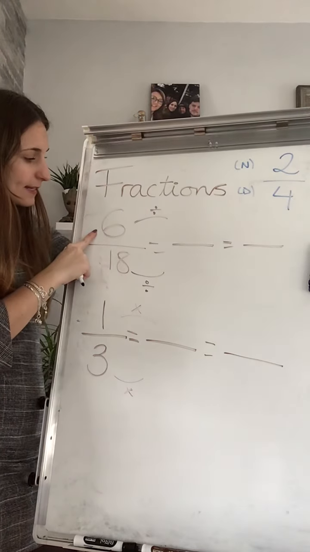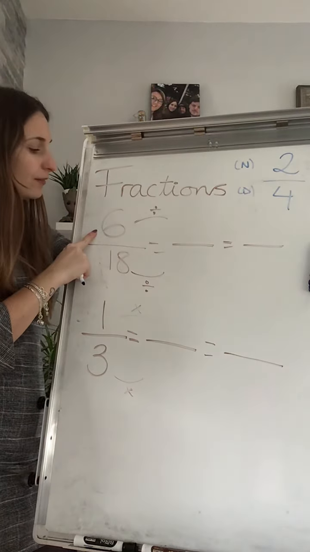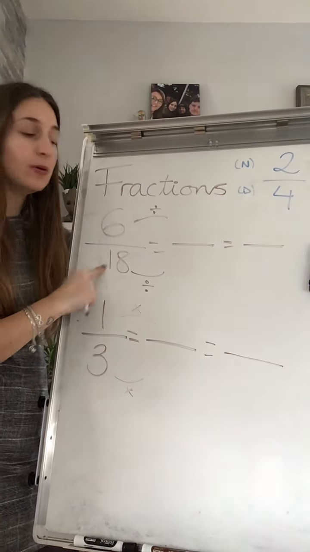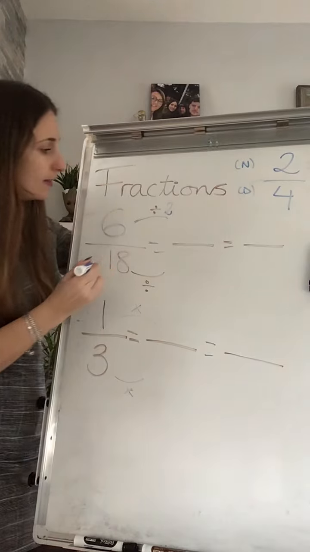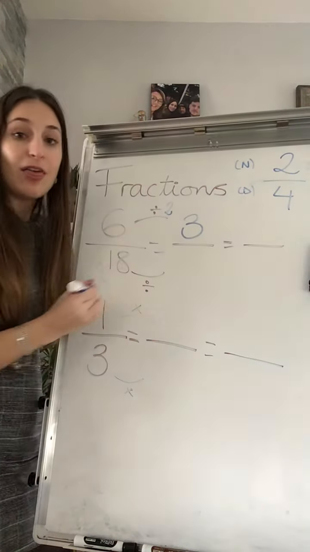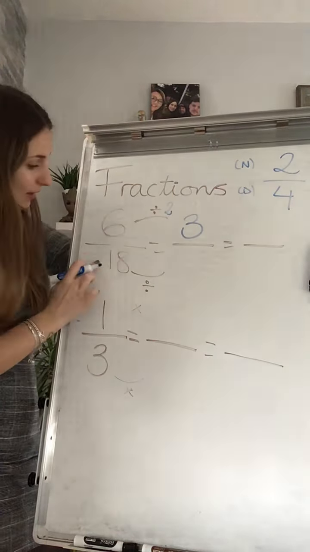I'm going to start with 2. I can find 6 on my 2 timetable. Can I find 18 on my 2 timetable? Yeah. So if I divide it by 2, 6 divided by 2 is 3. 18 divided by 2 is 9.